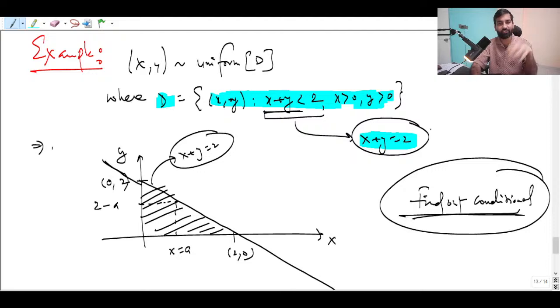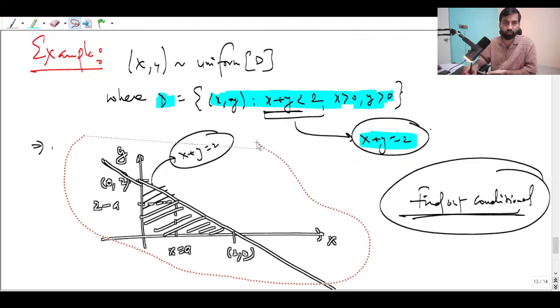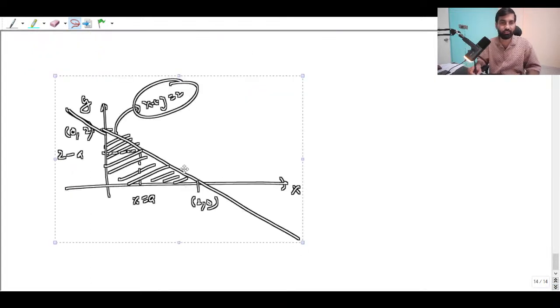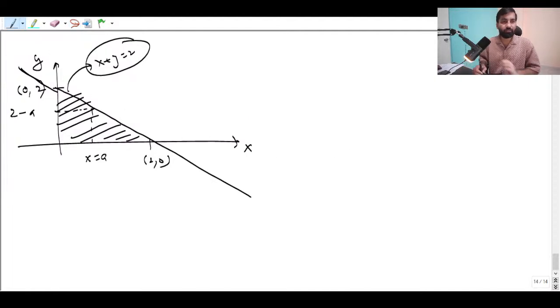So you can also write it analytically, or you can plot it. If you have got the conditional density function, you can plot it, right? Suppose, for this picture, let us say we want to plot the conditional density function. I just want to write it analytically. So you will see here, y given that x is equal to a, where a is taking values between 0 to 2, right?